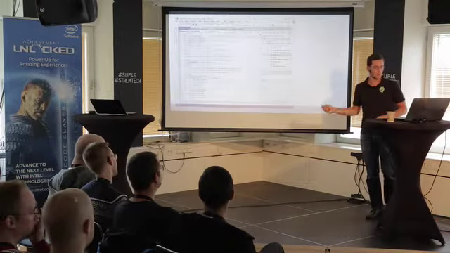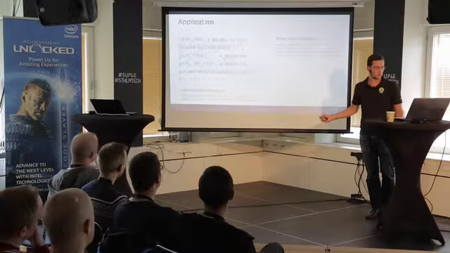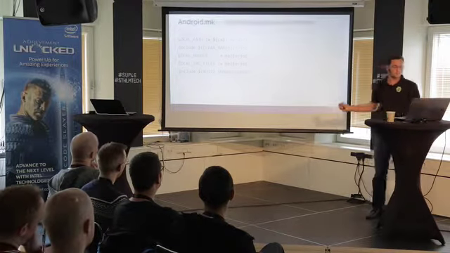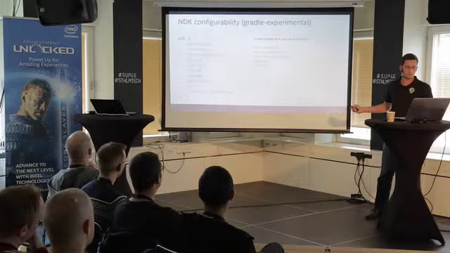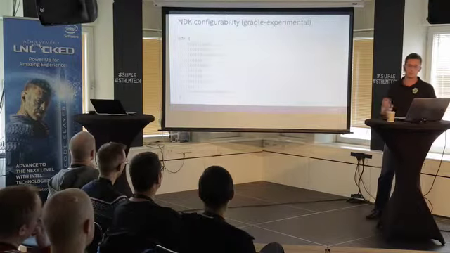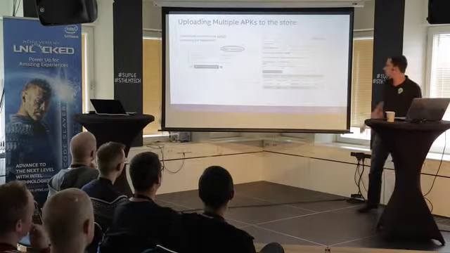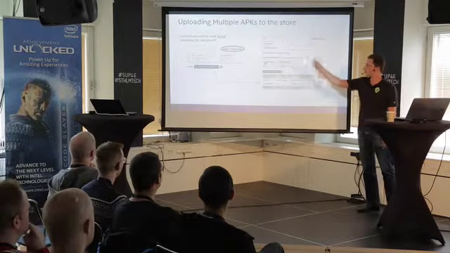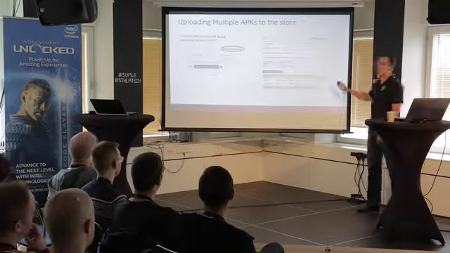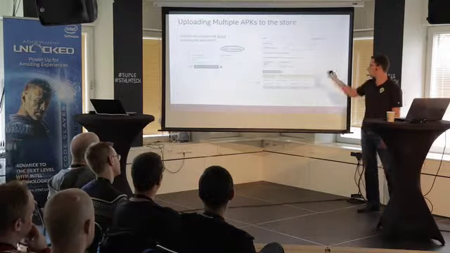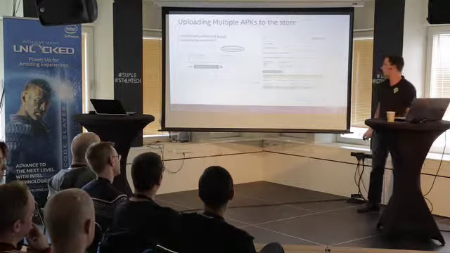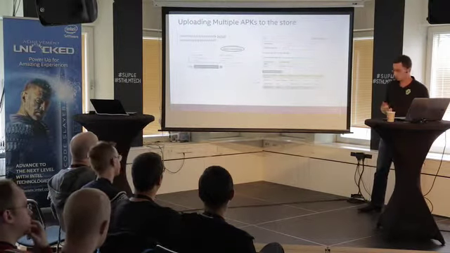Let me go back to a screenshot that I skipped before. You can upload multiple APKs for multiple architectures on the store. Like in this screenshot, you just switch to advanced mode and upload all the APKs you want. But these APKs need to have a different version code and, of course, different native code inside.